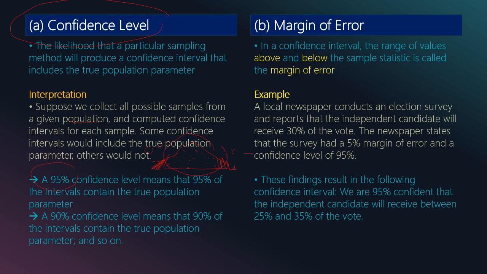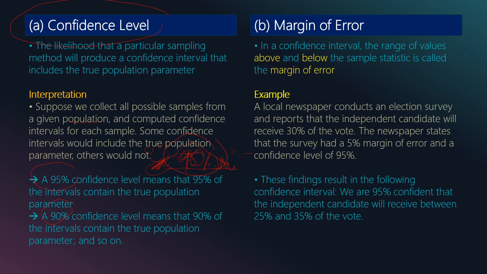So this is for 95% confidence level. Kalau untuk 90% confidence level, samalah macam ni. Maknanya yang termasuk sini adalah 90%. Yang termasuk sini 10% ataupun 0.1. Kiri 0.05, sini 0.05. Total 0.1.